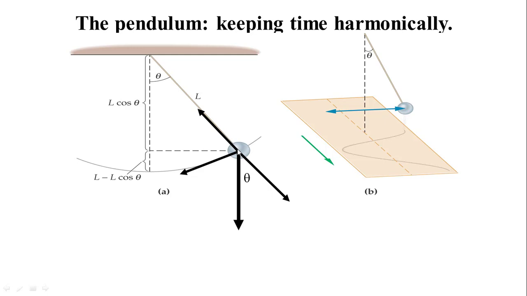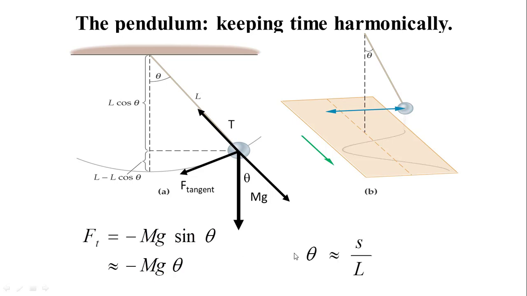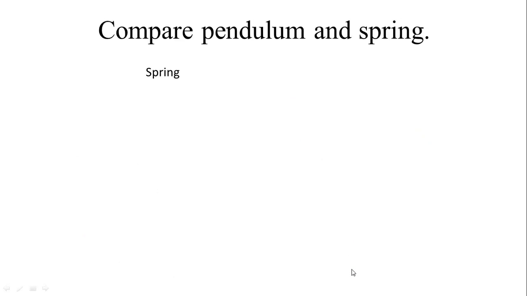The mass does not depend on the length or frequency of the simple pendulum. So F tangent is equal to minus mg sin theta. Since sin theta is approximately equal to theta, F tangent is equal to minus mg theta. Similarly, theta is equal to s over L.